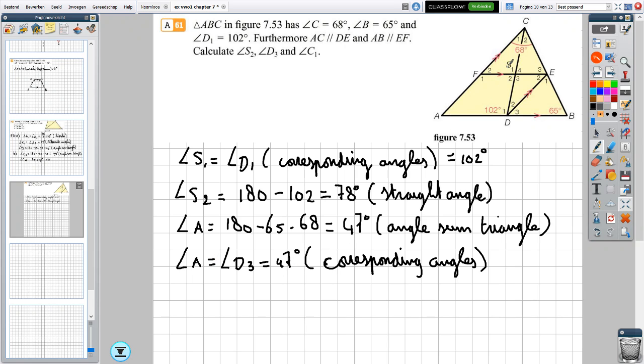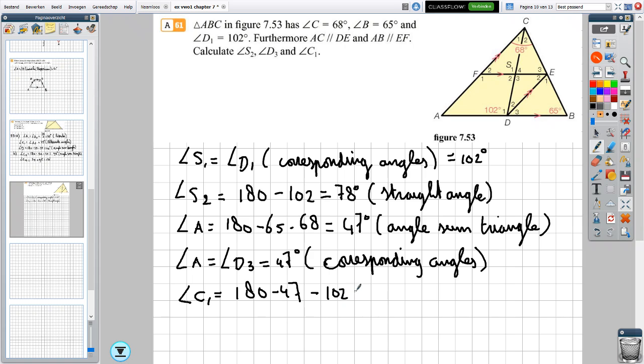The last one, angle C1. How would I do this? I can do this in one go if I wanted to. What I'm going to do is angle C1 is part of triangle ADC, like this. I know angle A was 47 degrees, and I also know angle D1, right?